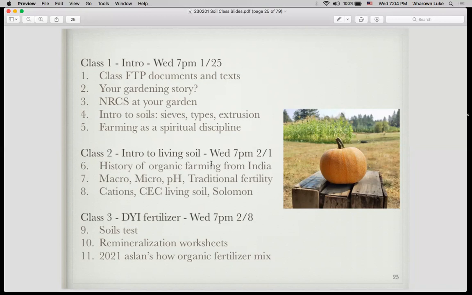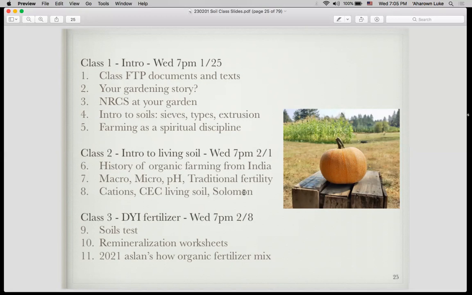And then some of the concepts that you'll need to know on soil tests, macro, micro, pH, traditional fertility versus Steve Solomon's fertility approach. pH, how it relates to hydrogen cations and what are the other cations, and some of the history we'll go over the sweet spot for balancing cations in the soil. And then we'll get into cation exchange capacity and a little bit on Steve Solomon's fertility approach.